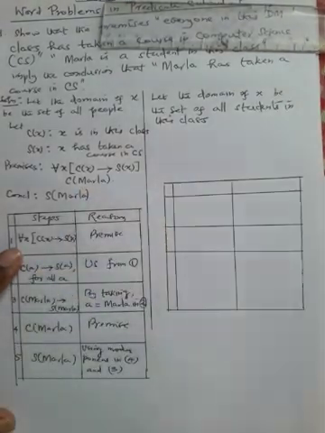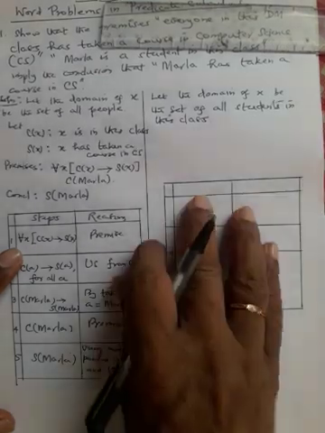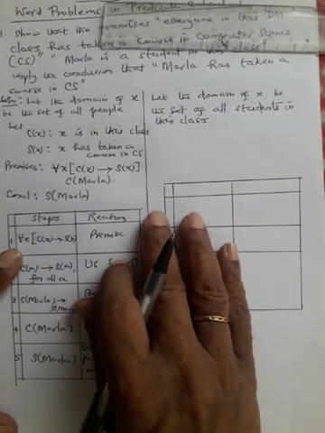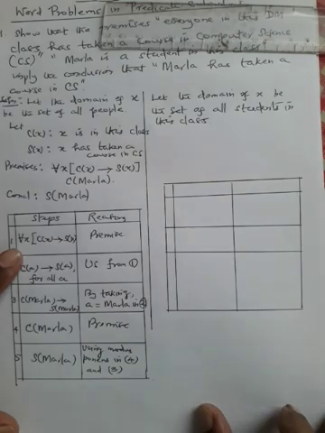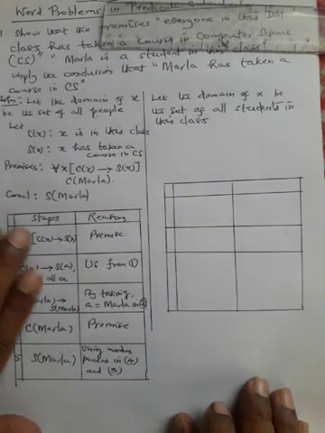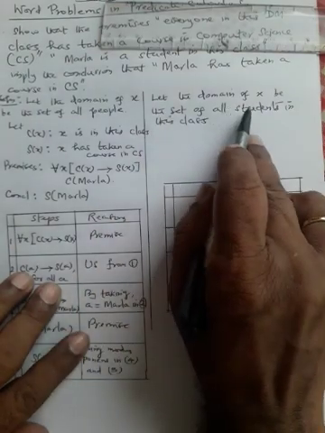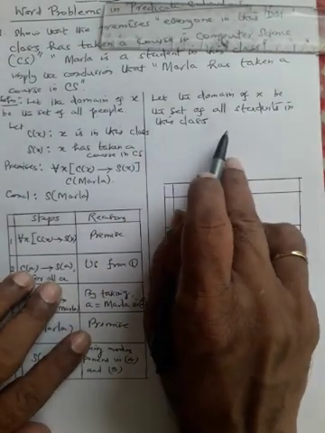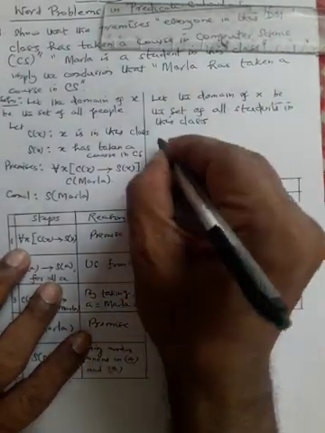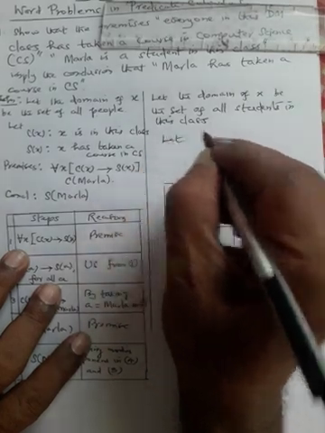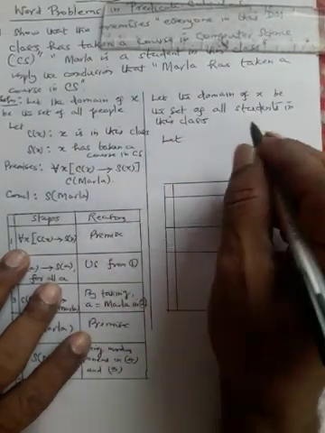That is the conclusion. So this completes the problem, provided our domain of x is the set of all people.